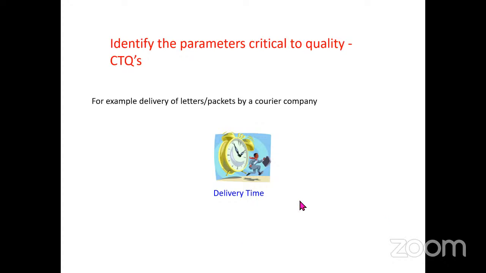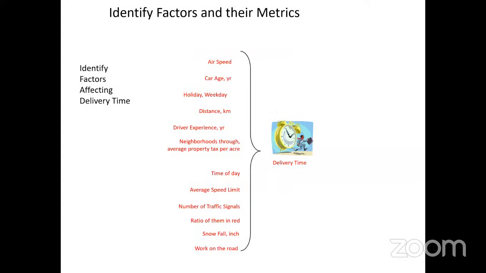Imagine you are delivering a courier. So the person is delivering a courier letter to somebody. The courier company will know which parameters will affect my delivery time, because, okay, what type of transport I am using, what's the speed at which I am going, which route I am following.